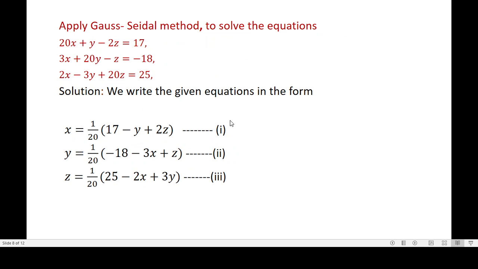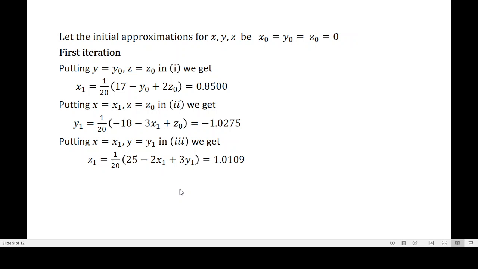Okay. Now calculate z1, which is equal to 1 by 20 into 25 minus 2 into x1. We substitute x is equal to x1. x1 is 0.85 plus 3 into y1. y1 is minus 1.0275 and we find z1, which is equal to 1.0109.